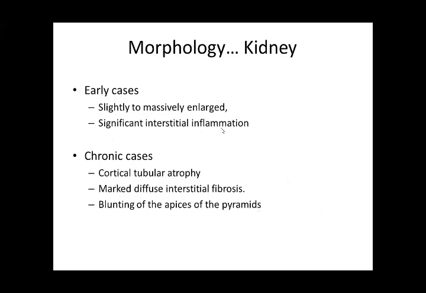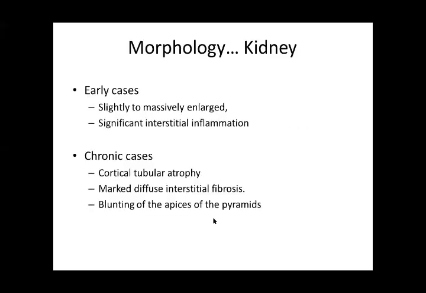In chronic cases, what do you expect? In chronic cases, you expect fibrosis. You expect atrophy and fibrosis and blunting of the pelvis and apices of the pyramids.